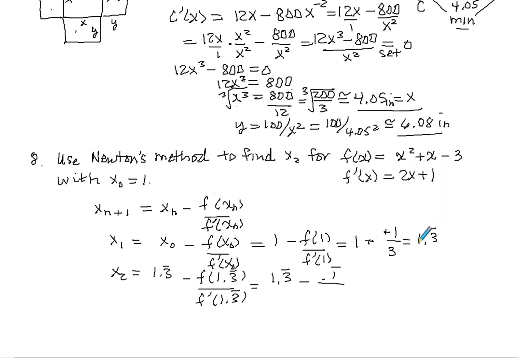So 2 times 1.3 repeating is going to be 2.6666 plus 1. This is 3.6 repeating. So let's see if we do the division.